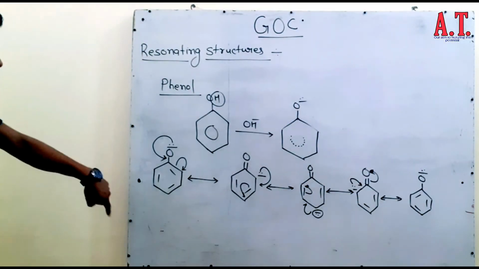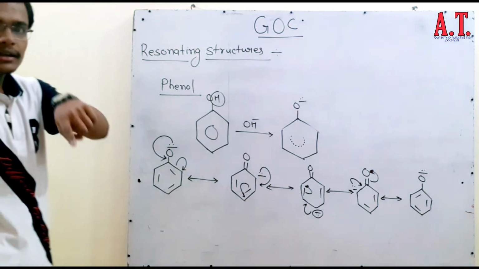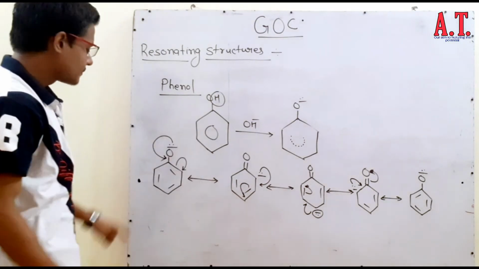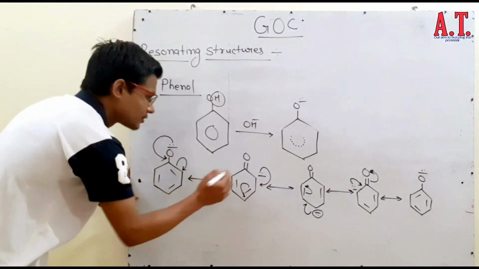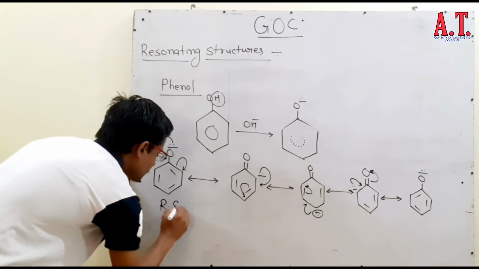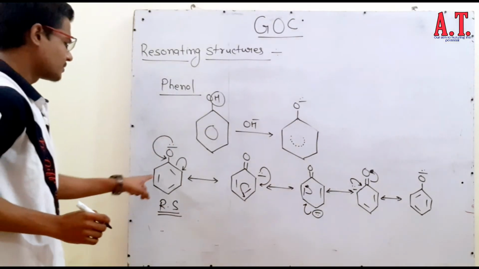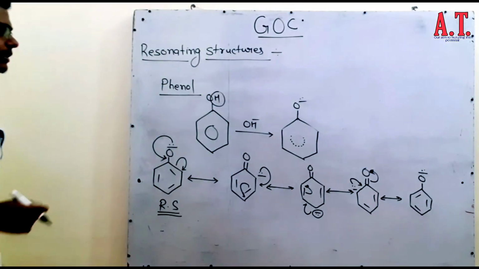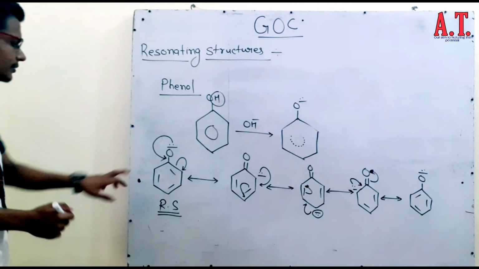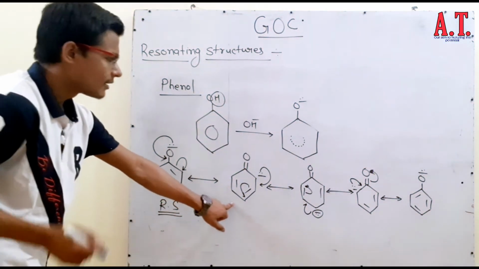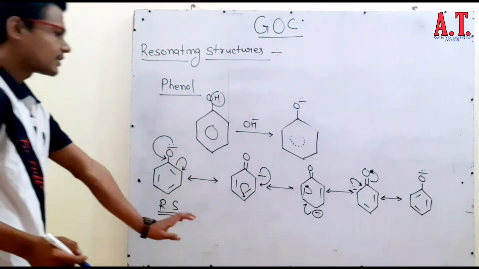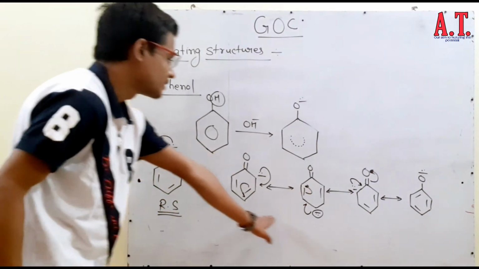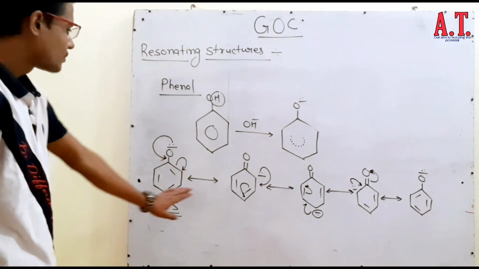So this is the movement of pi bonds in the benzene ring, you can see. These are the resonating structures, the temporary or dynamic structures of this compound. They are very unstable structures, so the energy of these structures will be very high.